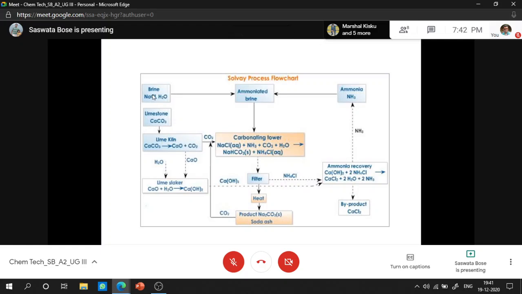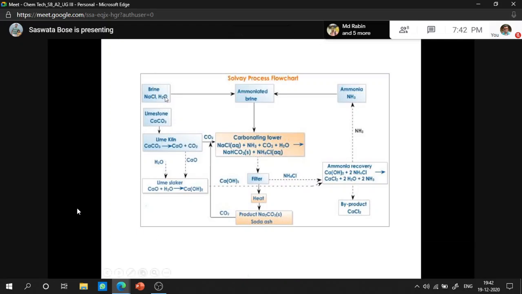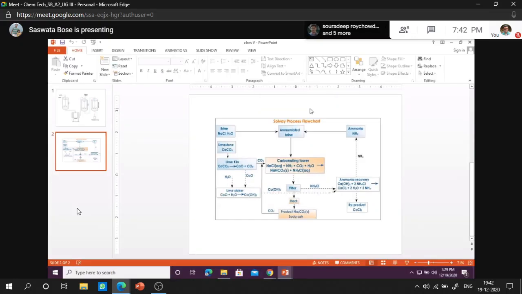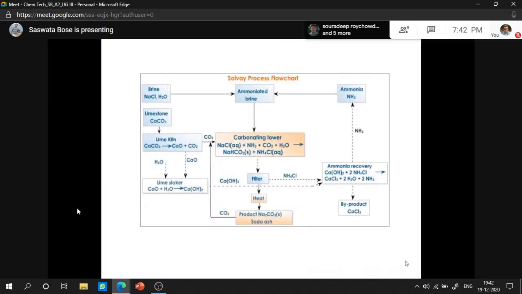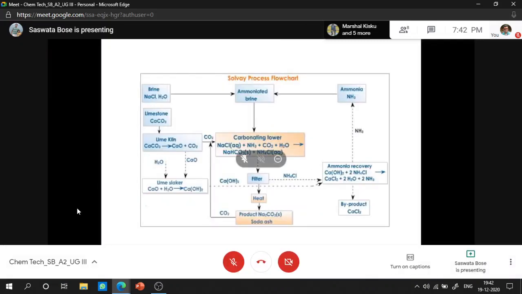Okay. First, this is the brine. This brine is pumped to, this is ammoniated brine. আচ্ছা আমি কি ফ্লো চার্টটা দেখাবো? ফ্লো চার্টটা দেখালে I guess এটা তোমাদের একটু বেশি সুবিধা হবে। পিএফডিটা ঠিক আছে, এটা আগে বলি তারপর পিএফডি দেখাবো। Okay, what is being done?